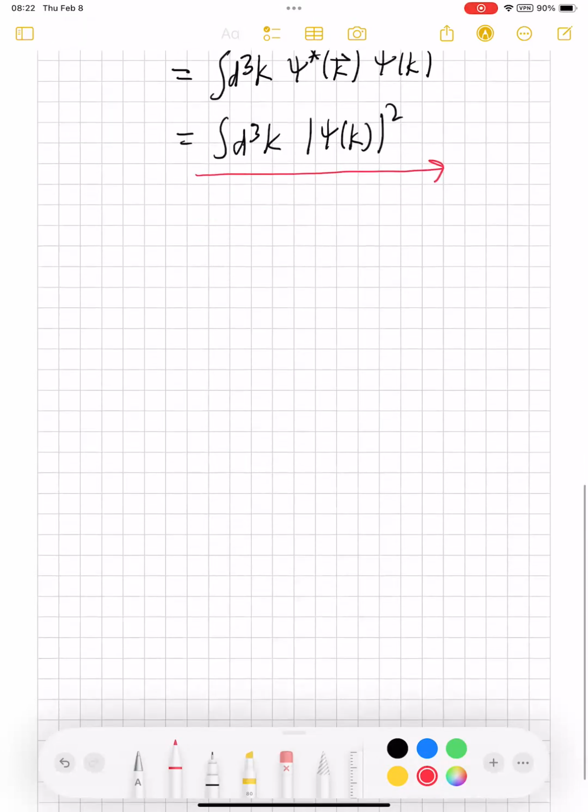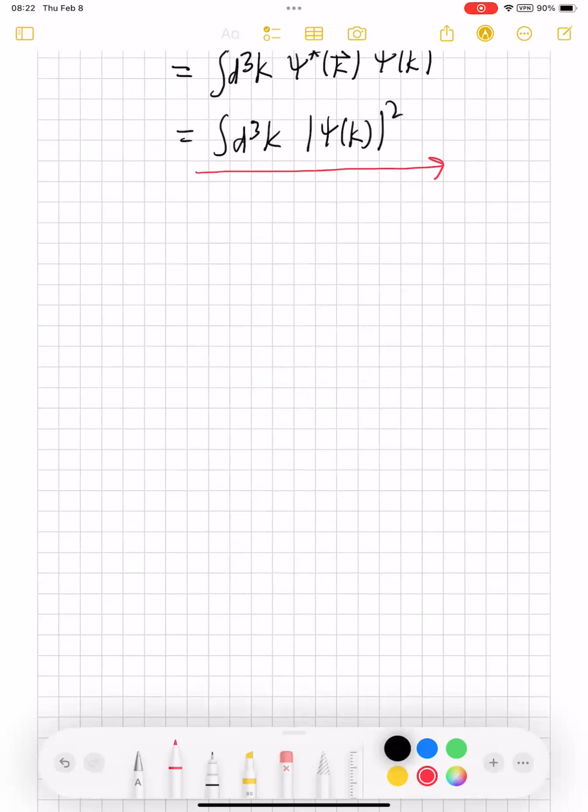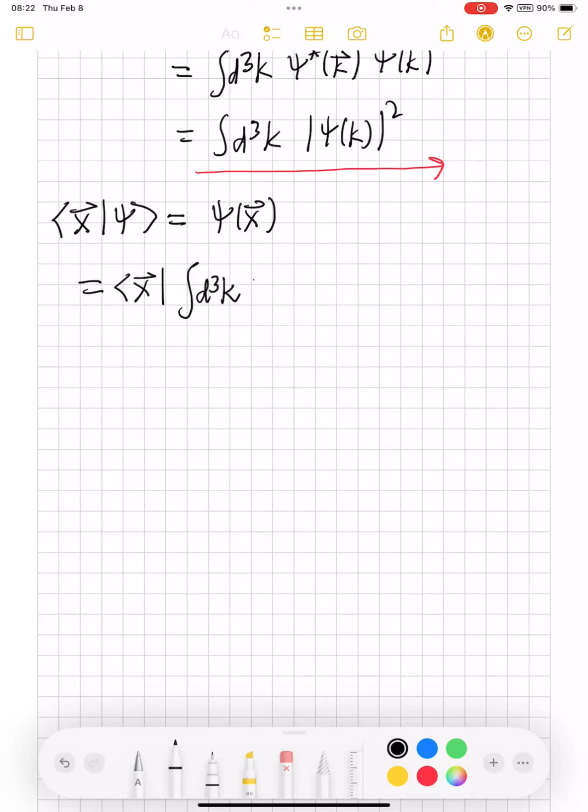Okay, very last point. So let's consider the following. Let's start with psi in position space. And I'm again going to apply the completeness relation. So I've got bra x, then I've got an integral d3k of ket k bra k ket psi.